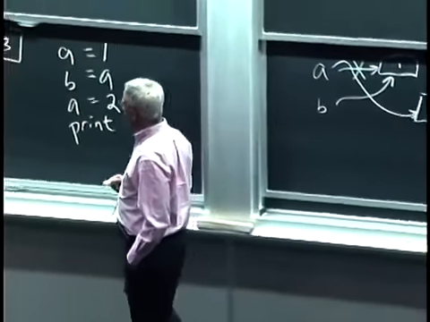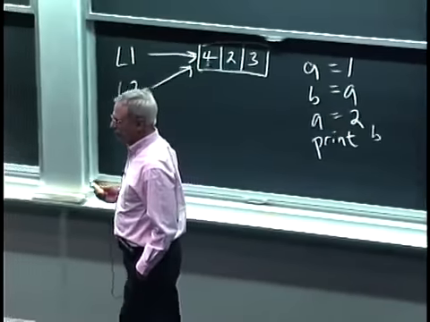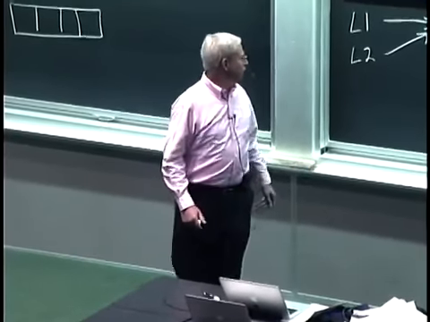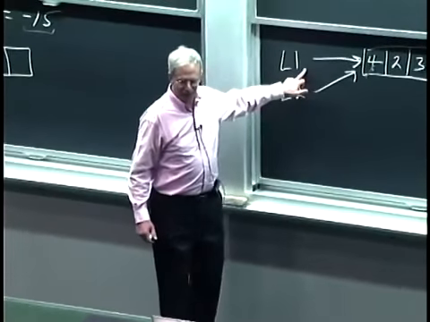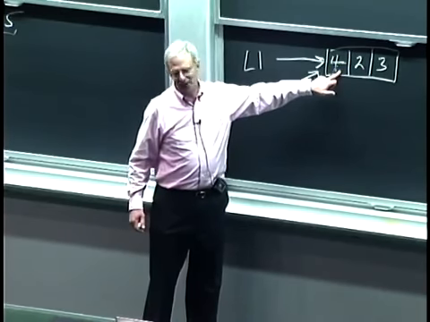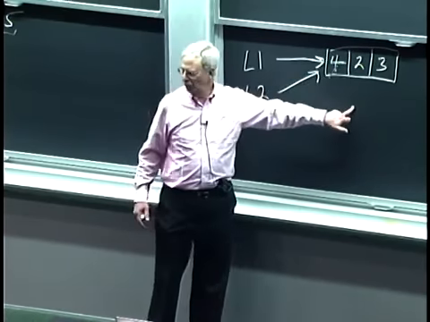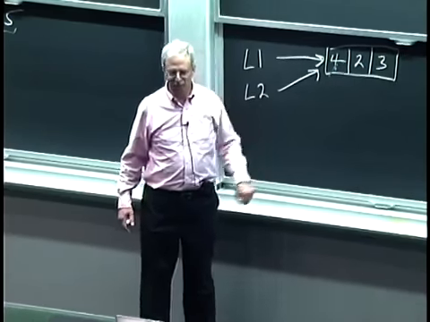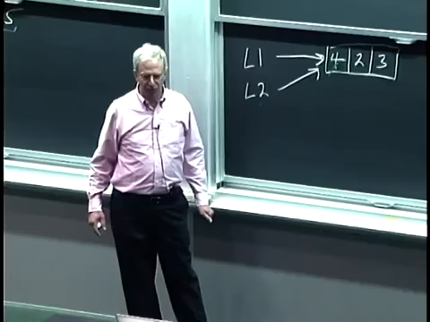Whereas the list assignment you see here did not rebind the object L1. It changed this. Now, formally, I could have had this pointing off to another object containing 4, but that just seemed excessive, right? But you see the difference?